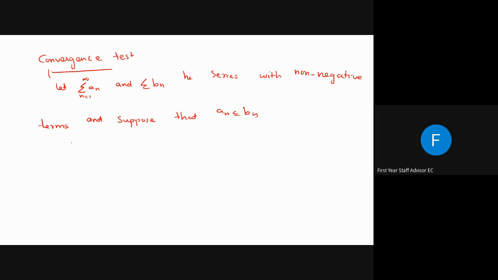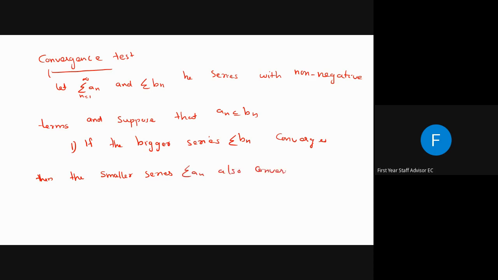Firstly, if the bigger series bn converges, then the smaller series an also converges.